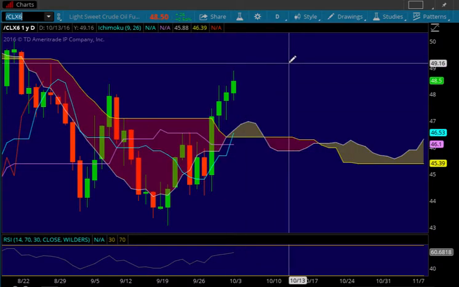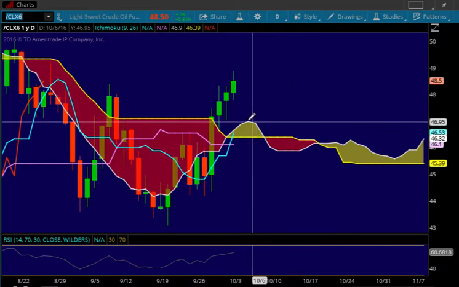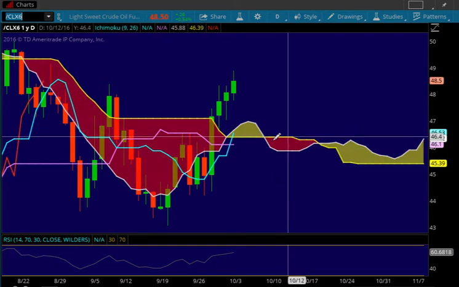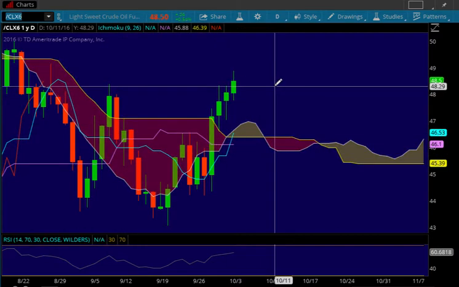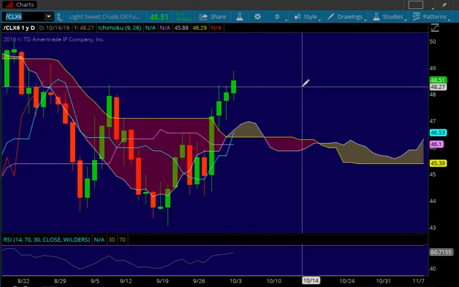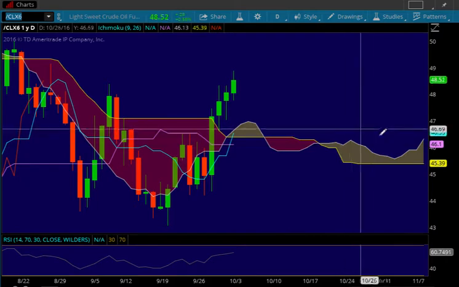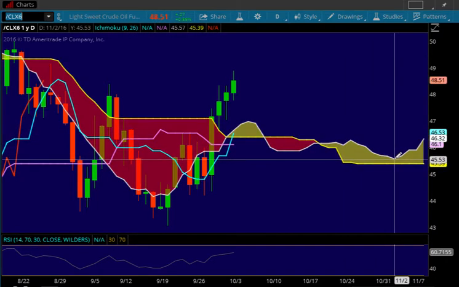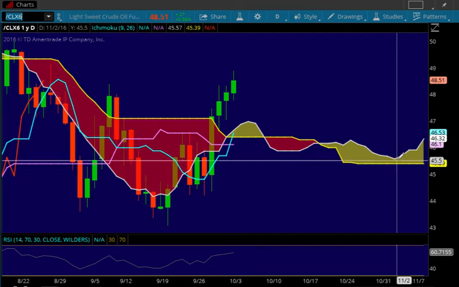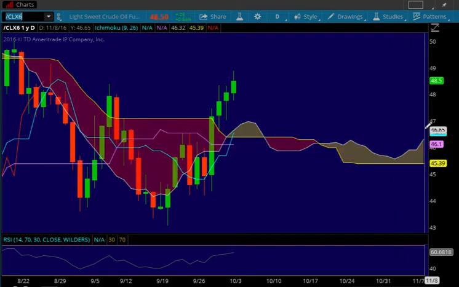As far as the configuration of the clouds moving forward, it's looking pretty sideways. This type of thin cloud with flipping action suggests a tight trading range and sideways price action. The cloud ends up a little bit lower going into the end of the month, but then in the beginning of November we see that the cloud is starting to slope up again.